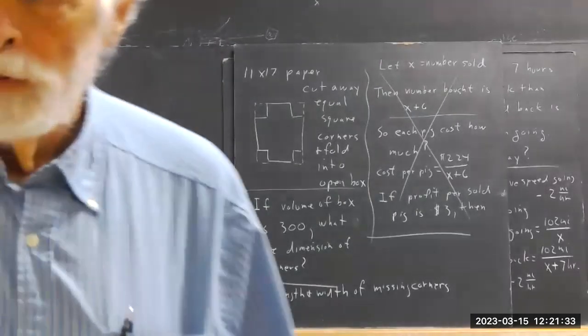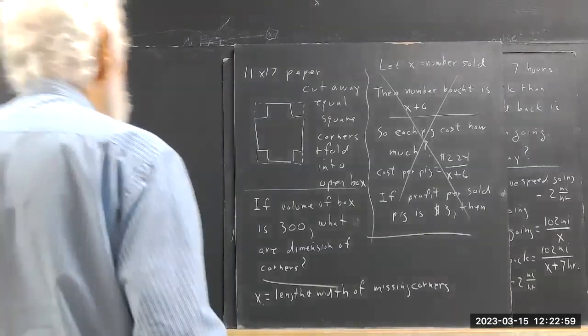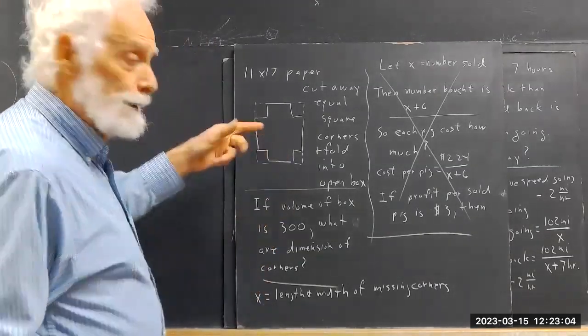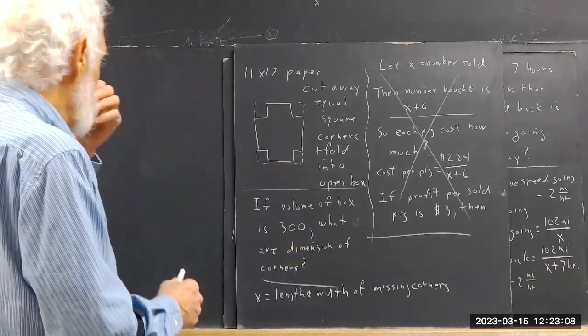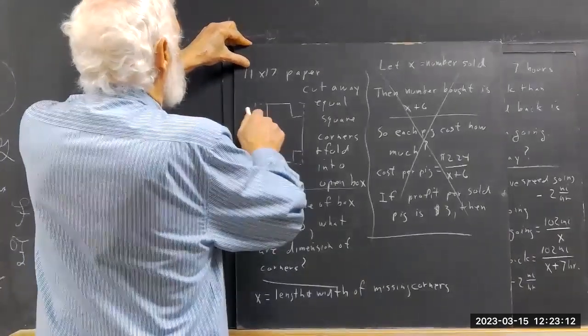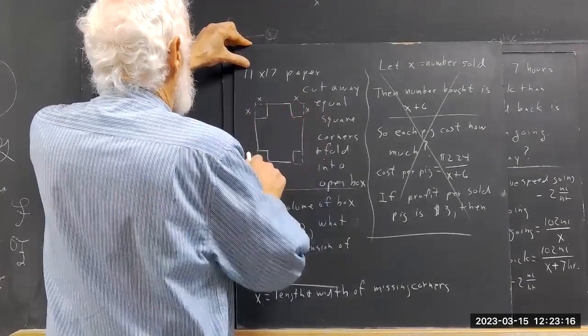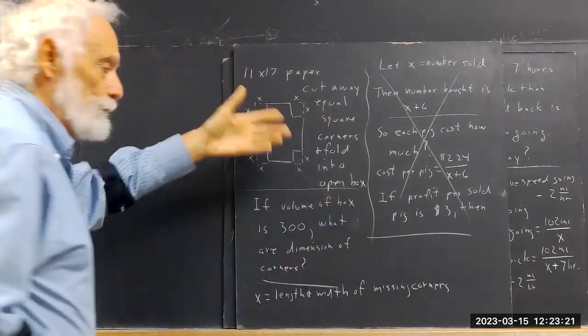Now, what is it that we're trying to find that we could write in terms of X? There's a nice picture here. So we have X here, and X here, and X here, and X here. So we put that into our picture.